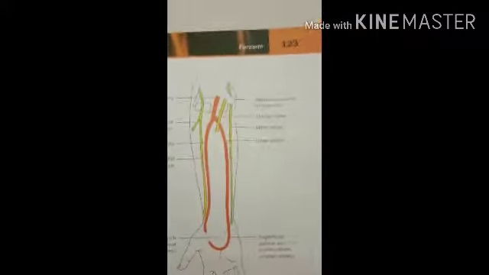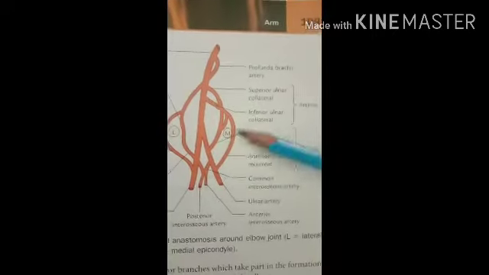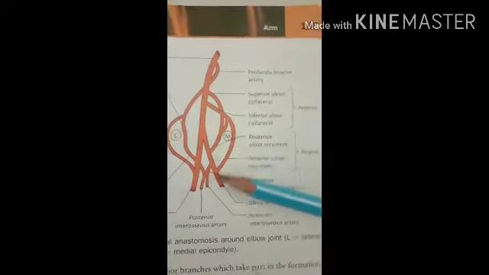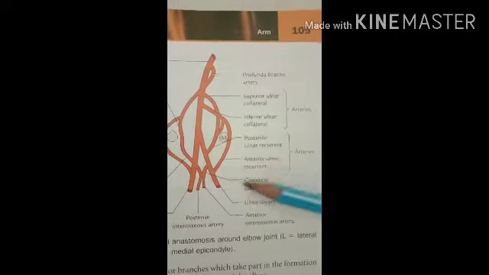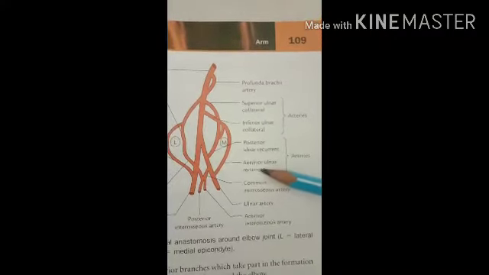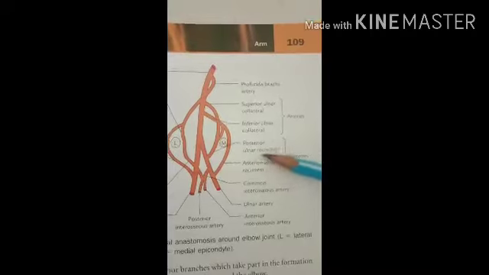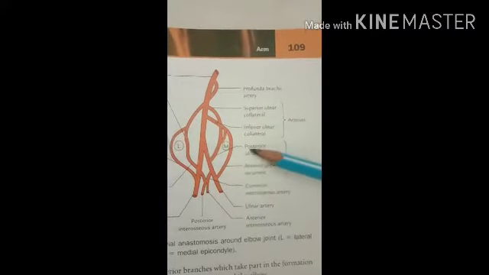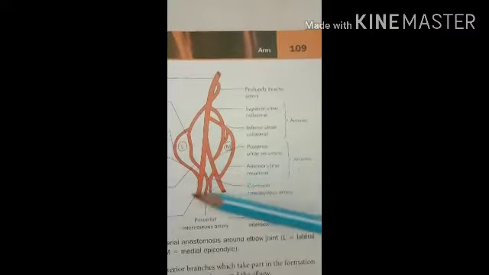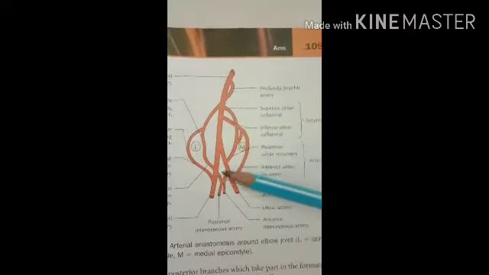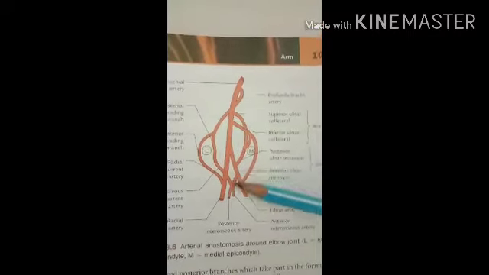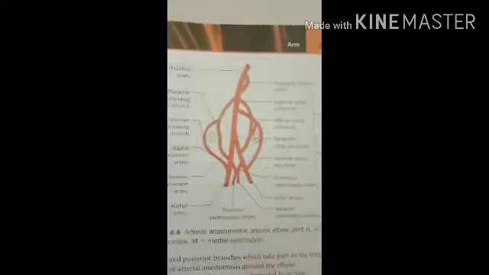In the last diagram we should see the anastomosis. Here you can see the ulnar artery, and it gives the anterior ulnar recurrent artery and the posterior ulnar recurrent artery. These help in forming the arterial anastomosis around the elbow joint.